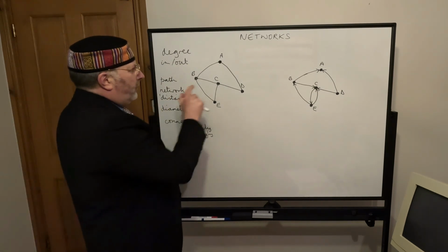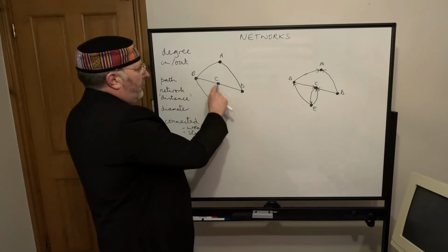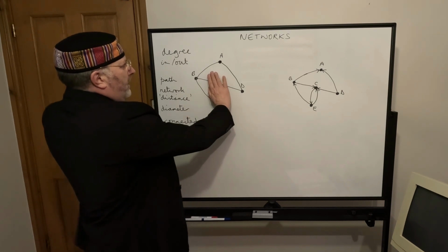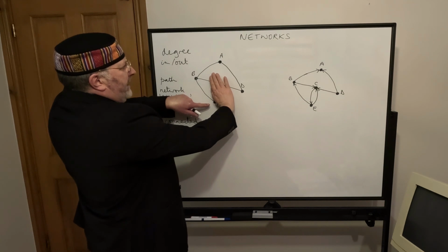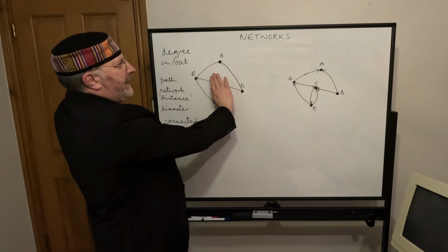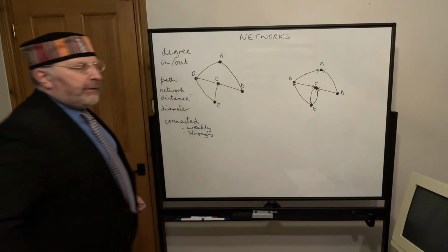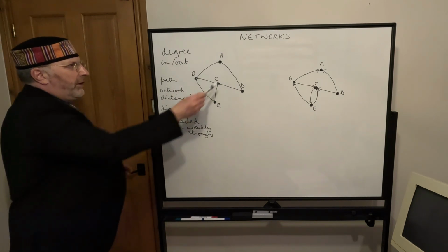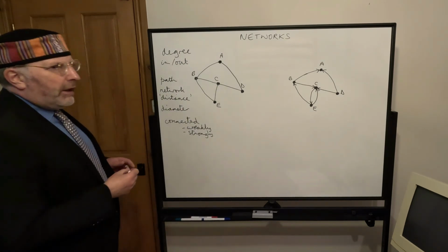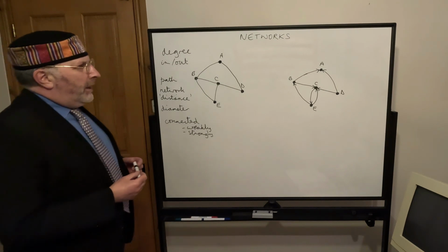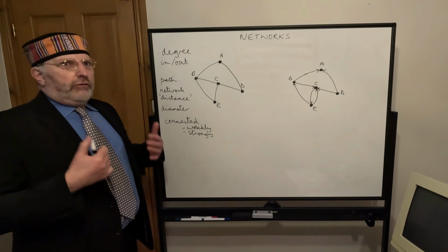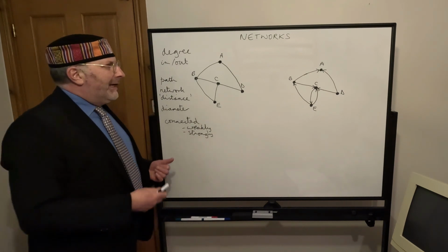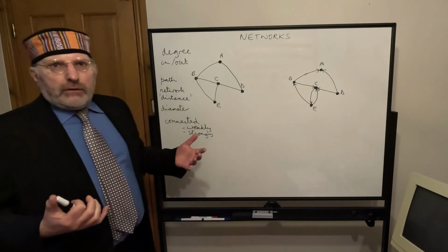But if we took away 2 nodes, so if we took away C and then took away B, then E would be disconnected from A and D. So we would need to remove 2 nodes from this connected network to make it disconnected. That's a measure of the resilience of the network to attacks on it. This is something that is of interest.